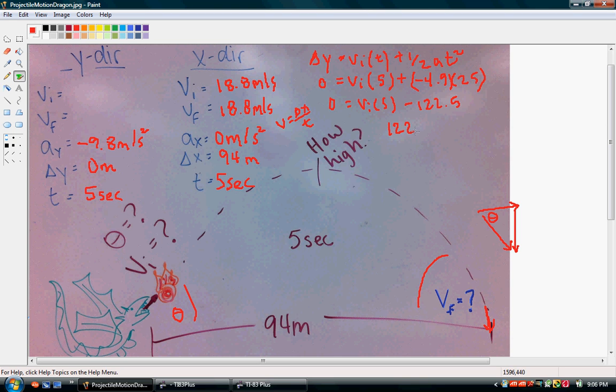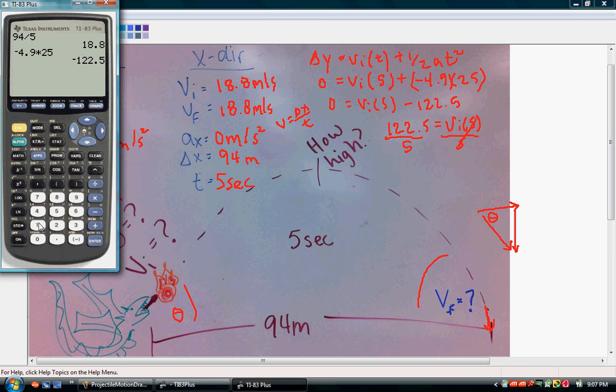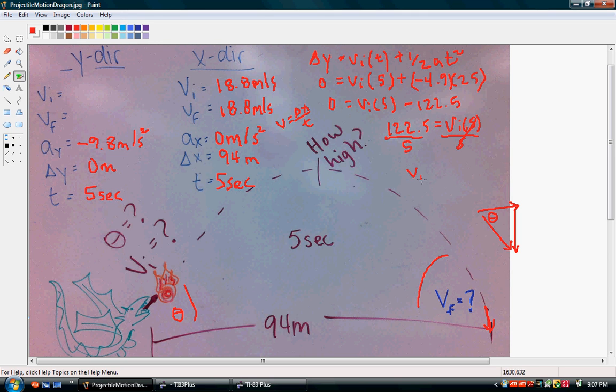On the right side, it would cancel out, and that would equal initial velocity times 5, and we could divide both sides by 5 to find our initial velocity. Over here, it cancels out, and we take 122.5 and divide by 5. And we have an initial velocity of 24.5 meters per second. Now, if our initial velocity is 24.5 meters per second, our final velocity will be negative 24.5 meters per second.